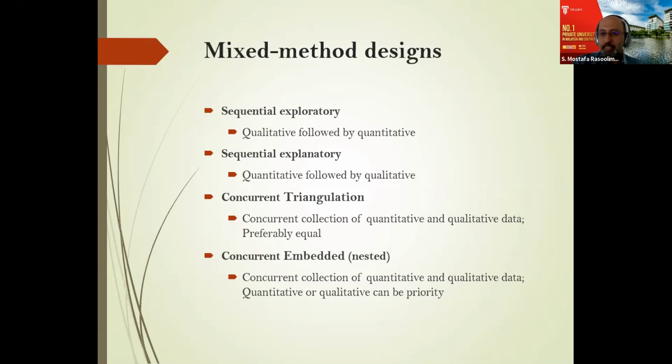Here we can get an overview of these four categories. The second category is sequential explanatory. We have explanatory design, which is more confirmatory. But the first one is exploratory, more exploratory.